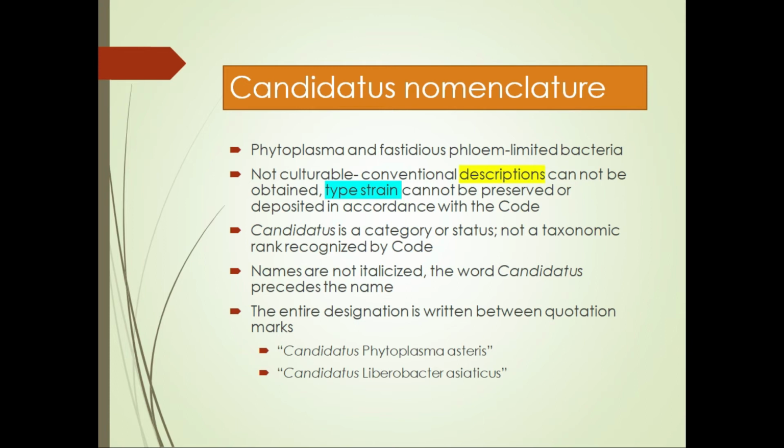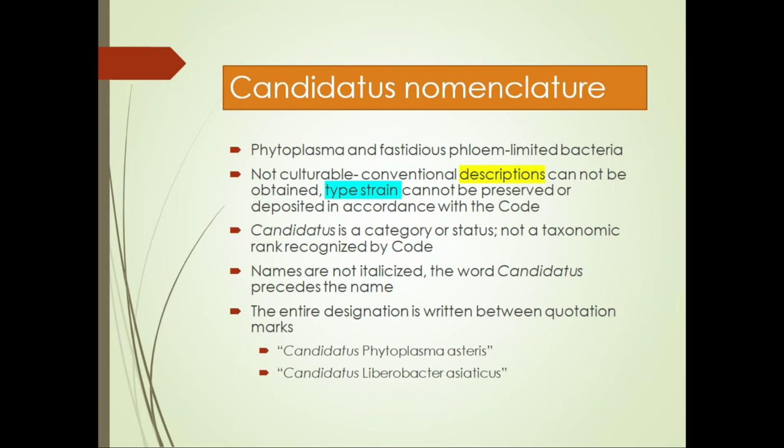Okay, so there are some prokaryotes like phytoplasma and fastidious phloem-limited bacteria which are not culturable. Since they are not culturable, the conventional descriptions cannot be obtained for those organisms.